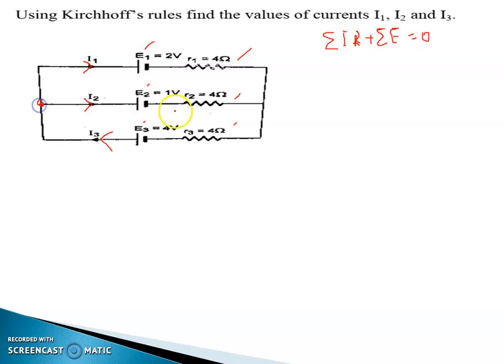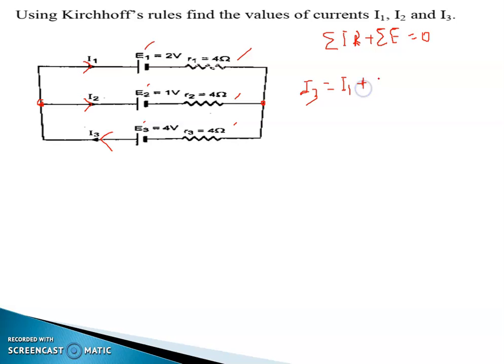There are two junctions. At this junction, I3 is the incoming current and I1 and I2 are outgoing currents. So we can write I3 is equal to I1 plus I2. This becomes our first equation by the junction rule.